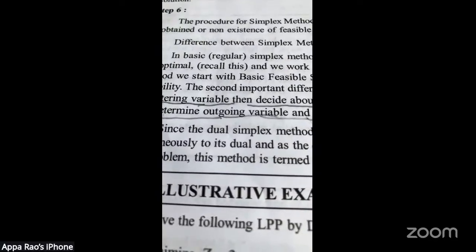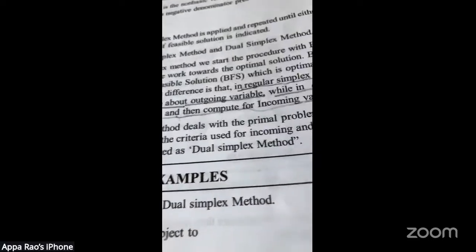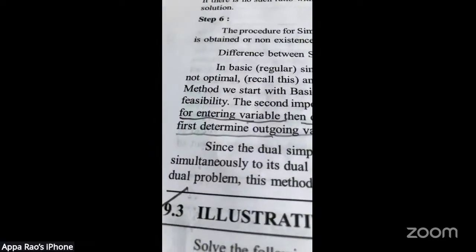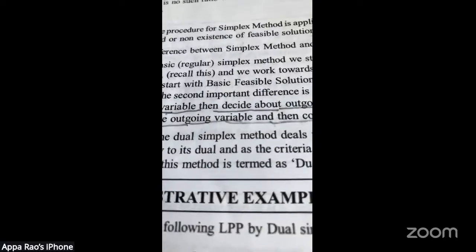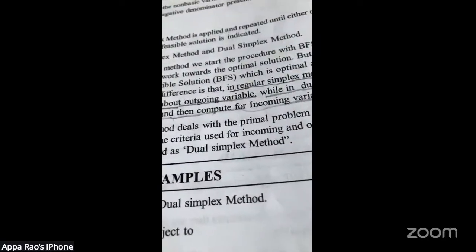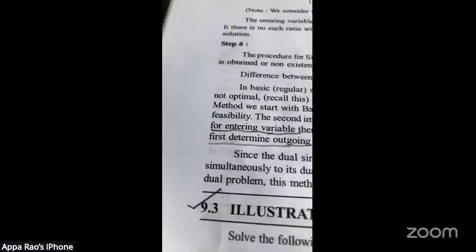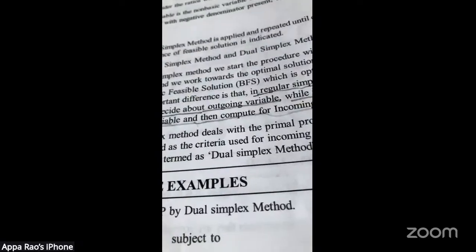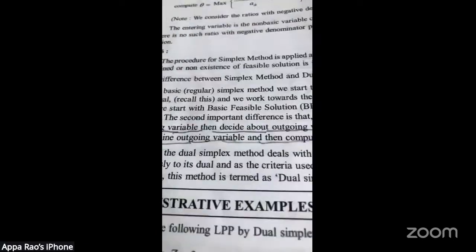The second important difference is that in the regular simplex method, we first compute the entering variable, then decide the outgoing variable. In the dual simplex method, we first determine the outgoing variable and then compute the incoming variable in the basis.